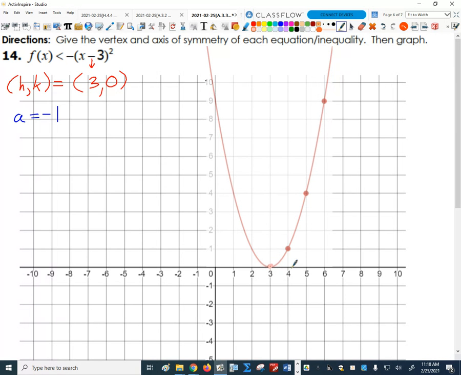There's our vertex. We go over 1, we go up 1, we go over 2, we go up 4, right? We go over 3, we go up 9. Okay. If A is equal to -1, we're going to multiply those normal heights. So there's 1. We're going to multiply those normal heights by -1.